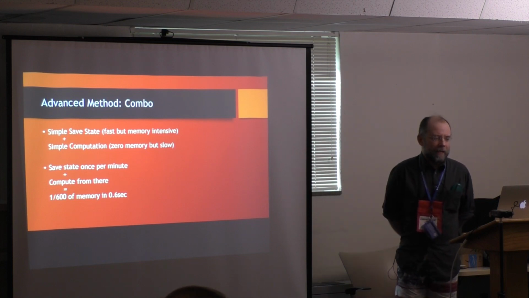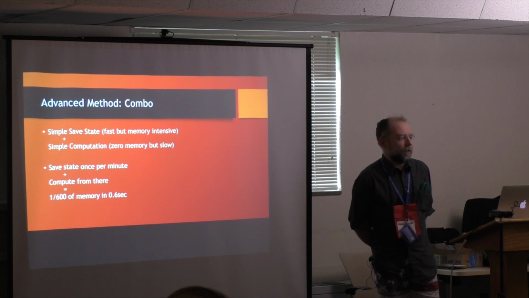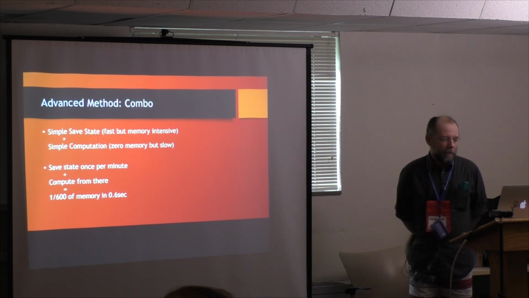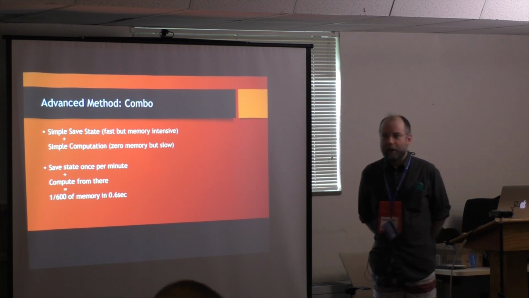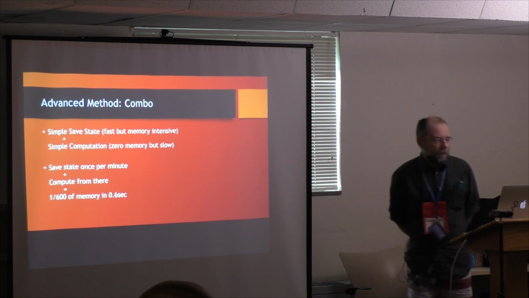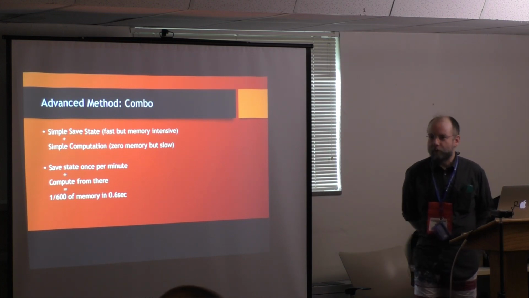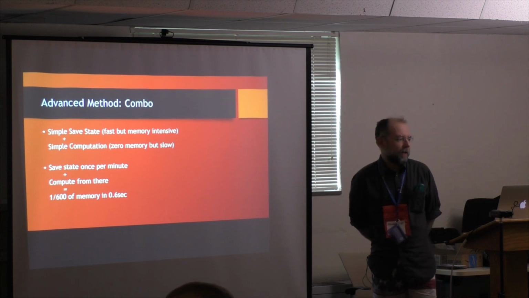Saving the entire memory was nice in that it was fast, but it used a lot of memory. And the computation used very little memory, but it was slow if we had to start from the beginning of the boot. So what you can do is reduce the number of times you save the whole memory state from a tenth of a second to maybe once per minute.